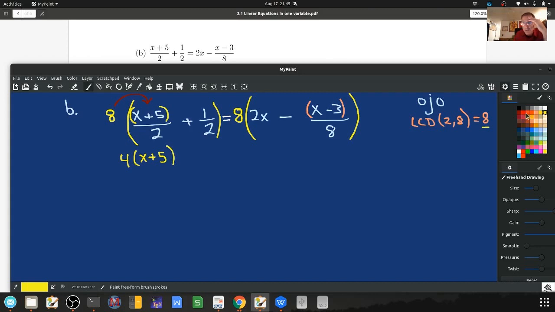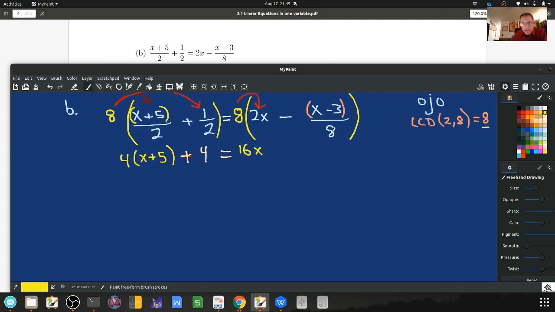Now I'm going to use the distributive property again and multiply 8 times this term. So 8 times 1/2 is the same as 8 divided by 2, which is 4 times 1. So that's plus 4. So again, using the distributive property, 8 times 2x is 8 times 2, which is 16, times x.